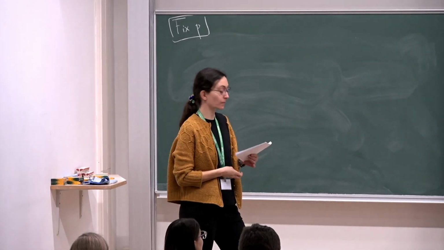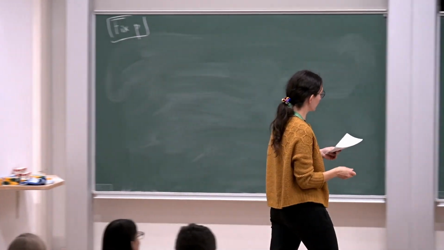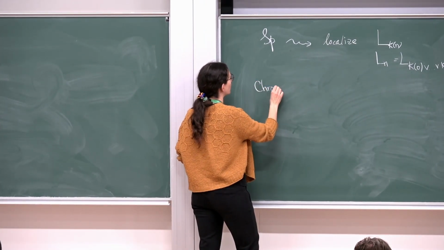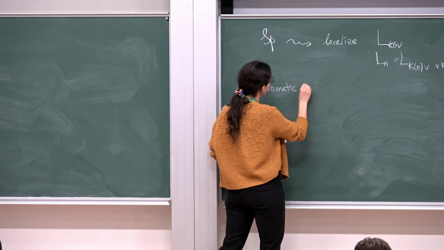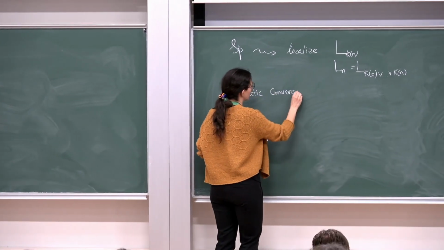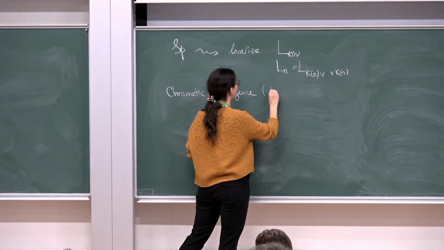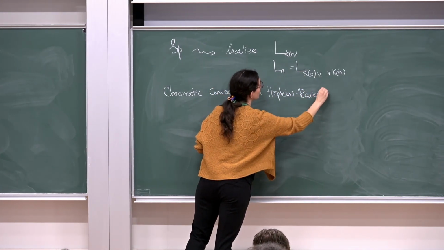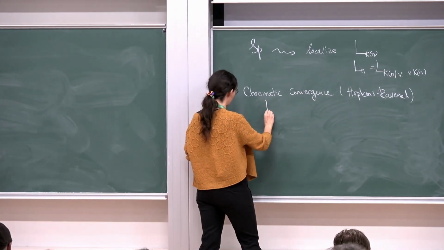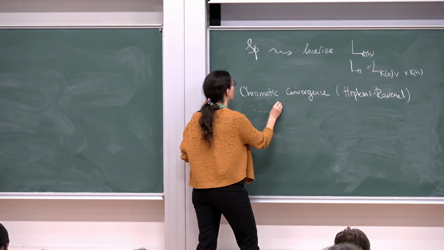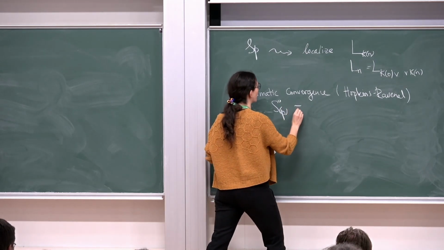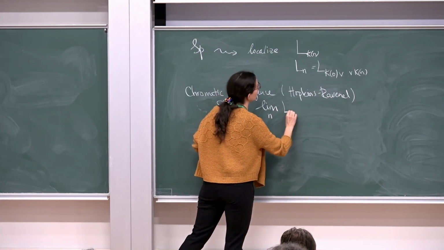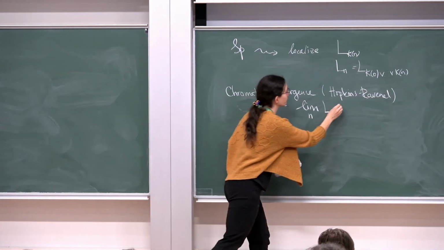And all right, so then there's this cool theorem, chromatic convergence, due to Hopkins and Ravenel, that says that, well, okay, the p-local sphere is equivalent to the homotopy limit of these Ln localizations of the sphere.